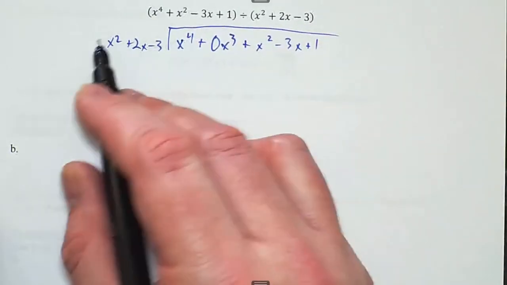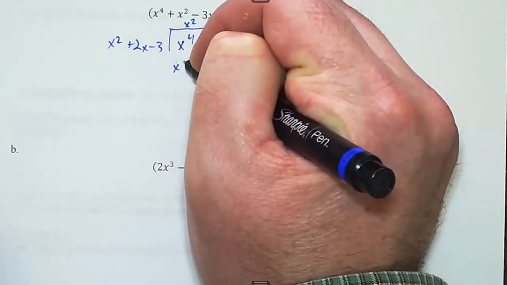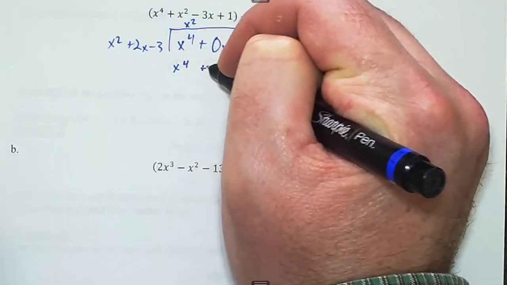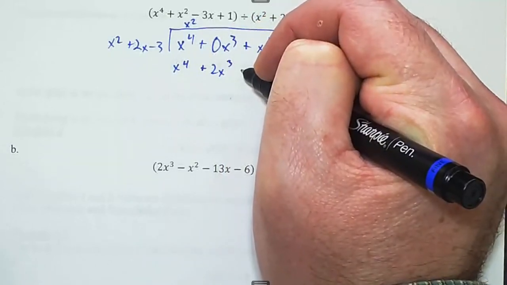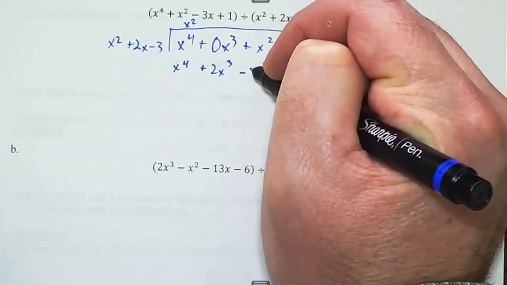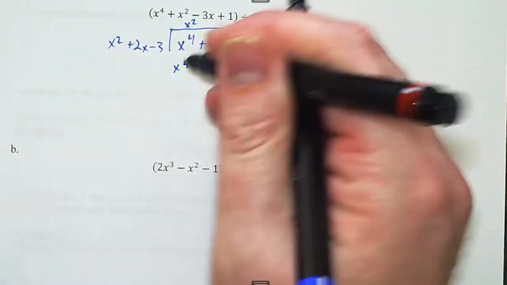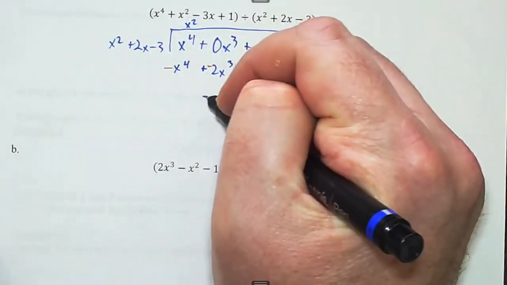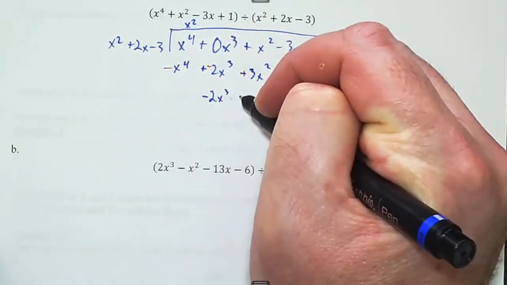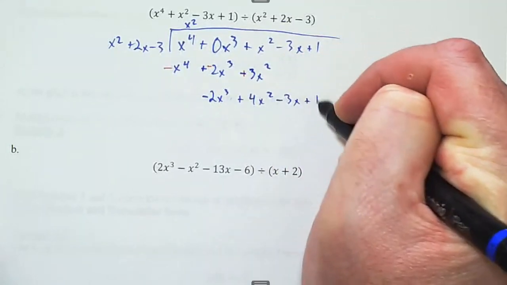Okay, x to the fourth divided by x squared is x squared. So I get x to the fourth plus 2x cubed minus 3x squared. And then we'll change all the signs here, which gives us a negative 2x cubed plus 4x squared minus 3x plus 1.